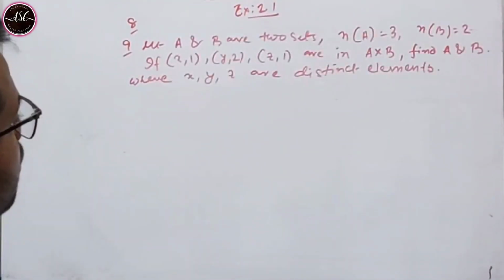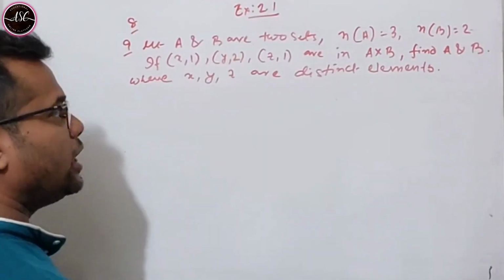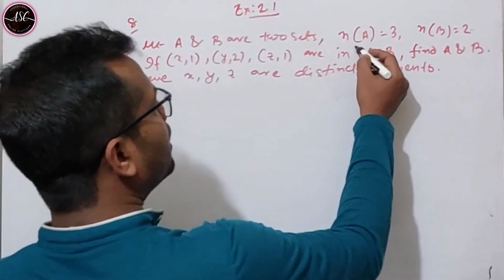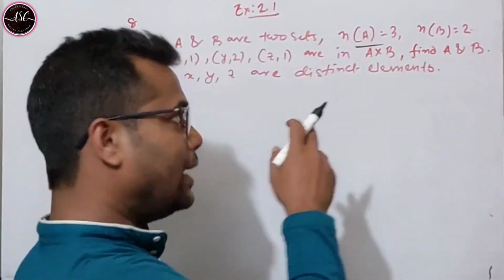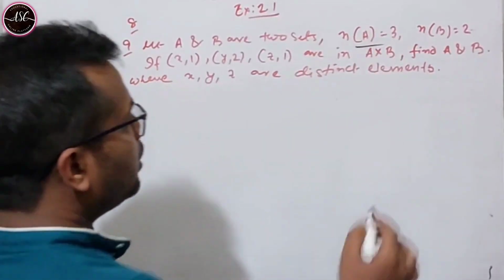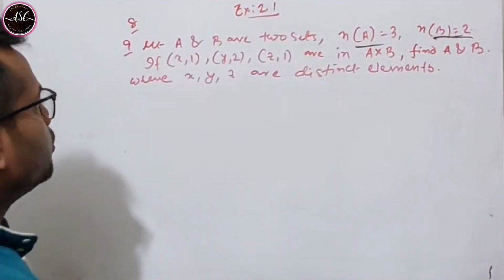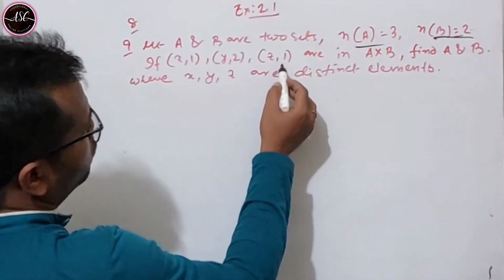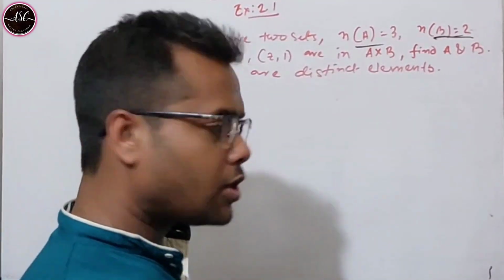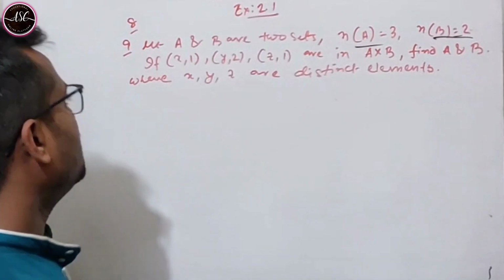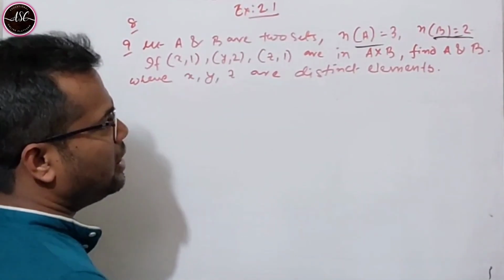Okay. Now look at this question. Here A, B are two sets. Let n(A), the number of elements in A, be 3, and the number of elements in B be 2. Then (x,1), (y,2), (z,1) are in A cross B. Find A and B, where x, y, z are distinct elements.